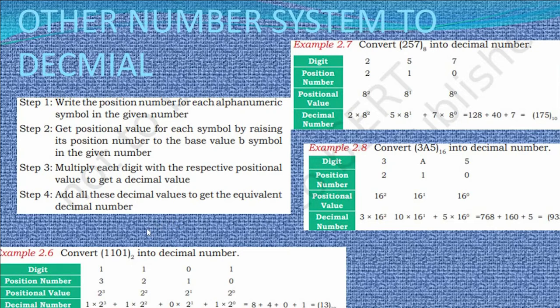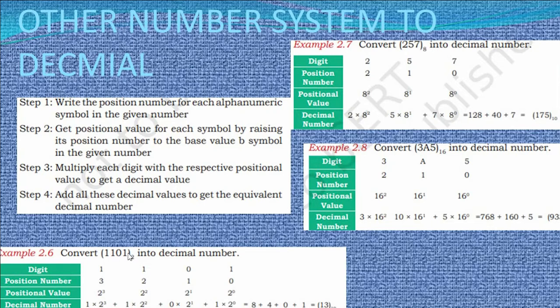Let's say we're given the number 1101 to the base 2 and we want to convert it to base 10, or the decimal number. What we will do is we take the given base and we multiply it through powers. Let me explain. So the given base is 2, right?